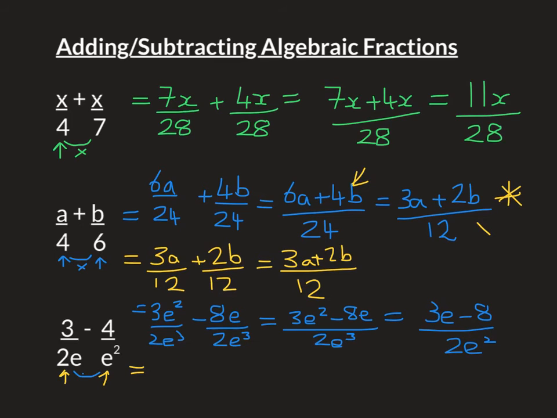So I'm going to multiply the first one by e to get e squared under both, and the right-hand one by 2, and you would get 3e over 2e squared minus 8 over 2e squared, and I end up with the same thing I had before.